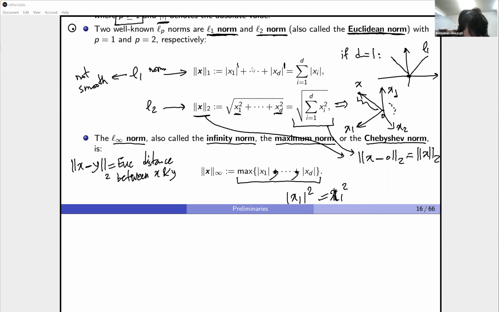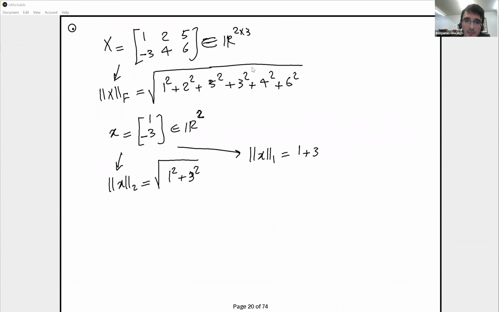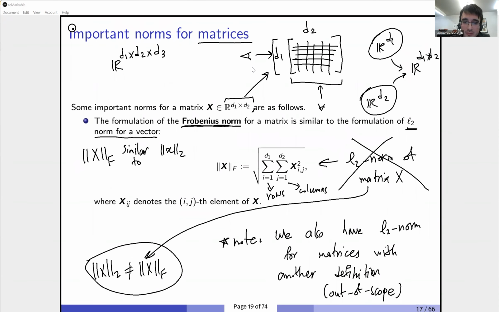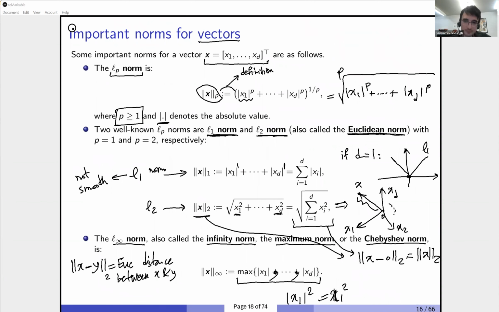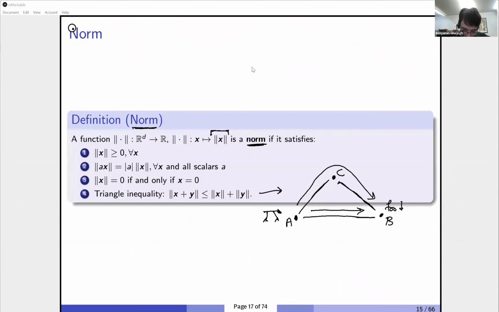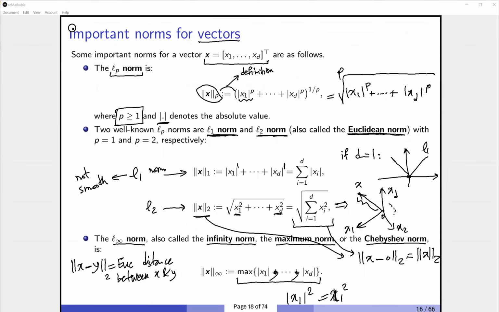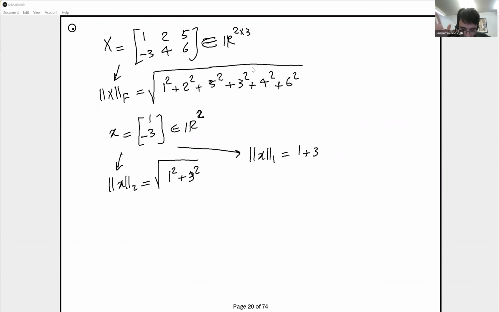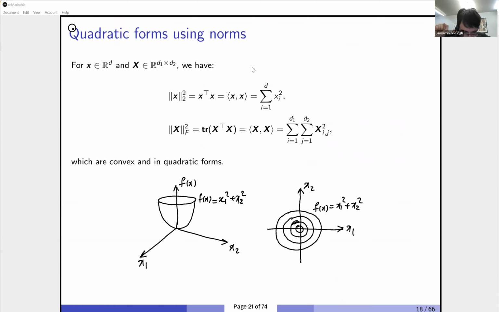So is it clear now what the L1 norm and L2 norm mean? And the Frobenius norm? Is it clear to everyone? Yes. Okay, great. Now we know norms, which are very important.